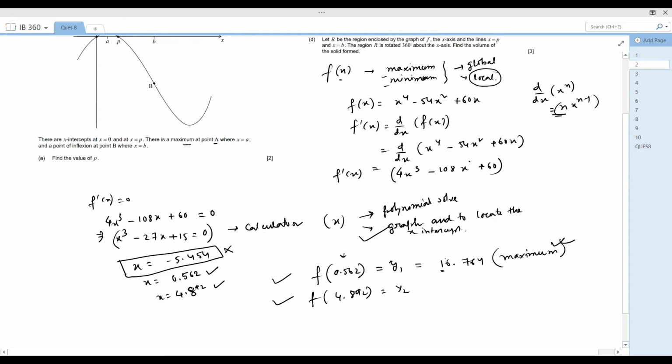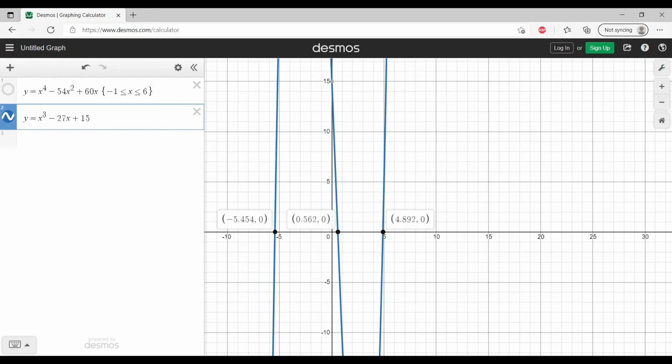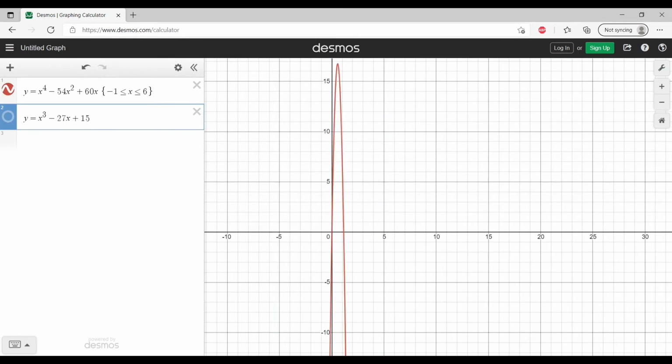Again also I am giving you the verification from the graph. See the graph, see this is the graph. I am omitting this part and I am again taking this part, and this is the highest point in our region. Our region is from -1 to 6. So in this particular region this point is the maximum point, and see the coordinates of this point, that is 0.562 comma 16.764.